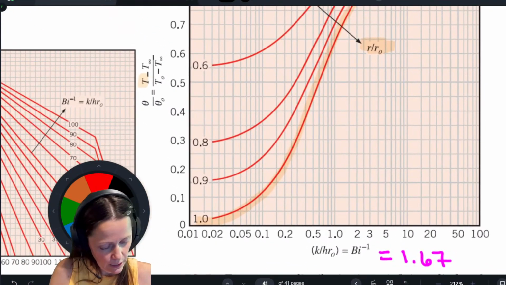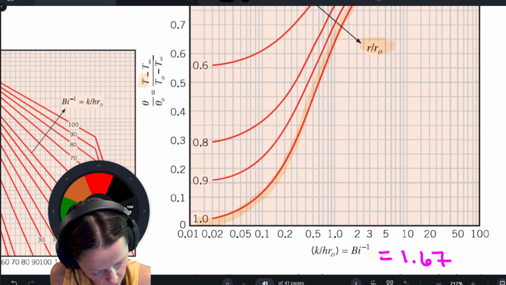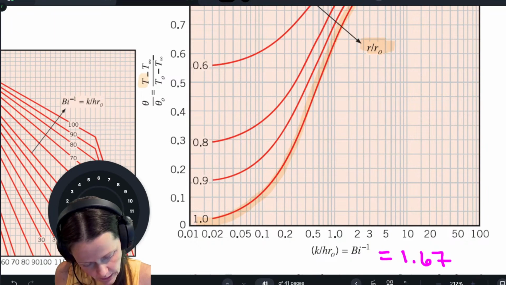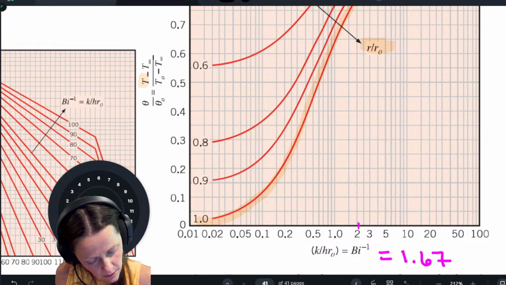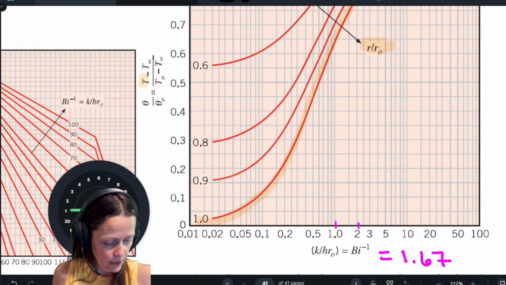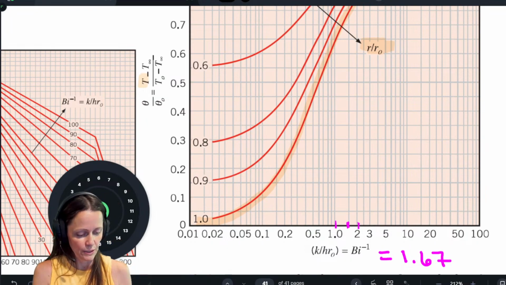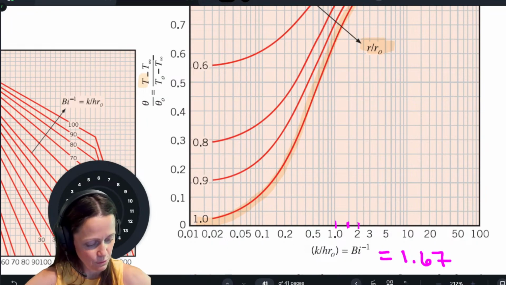Let me make this a little bit smaller. It's going to be between 1 and 2. Halfway in between is going to be the square root of 1 times 2, which is 1.4.